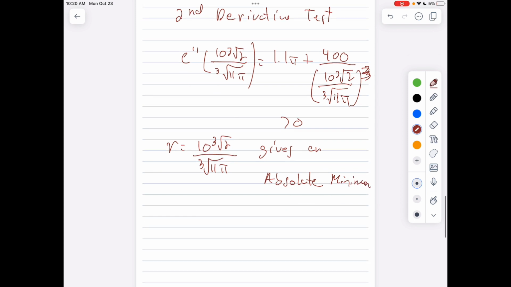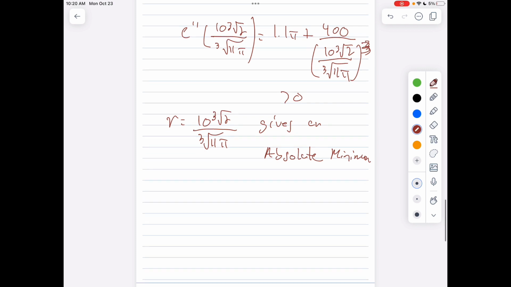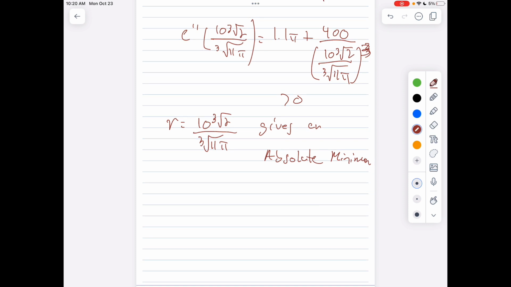There are no more critical points, and it came out to be a minimum, therefore it's got to be an absolute minimum.